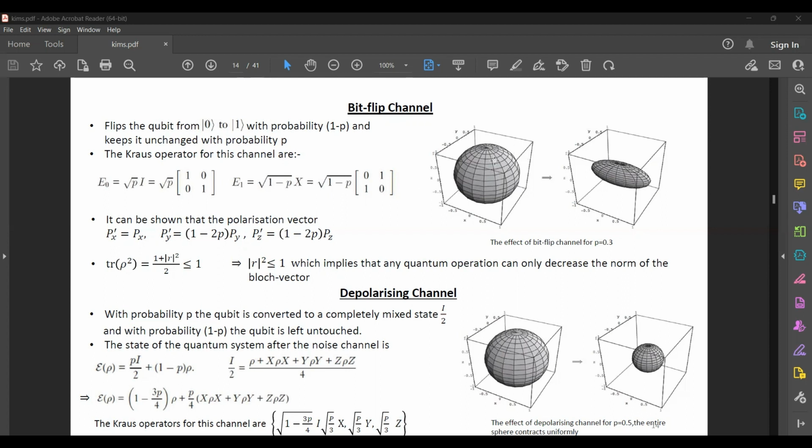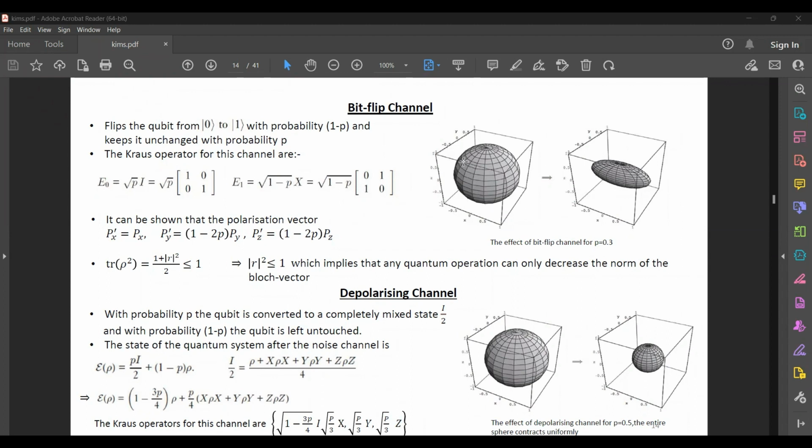On the Bloch sphere, the impact is shown like this. As you see, E1 contains the X matrix. Pauli X commutes with Pauli X, but it anti-commutes with Pauli Y and Pauli Z. That's why the polarization vector along the X direction is unchanged in the final state, whereas in the Y and Z directions it is shrinking.